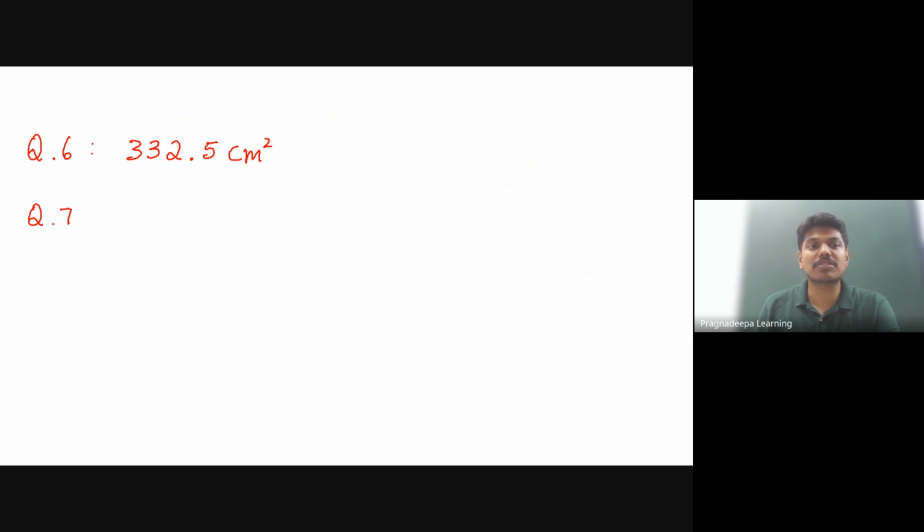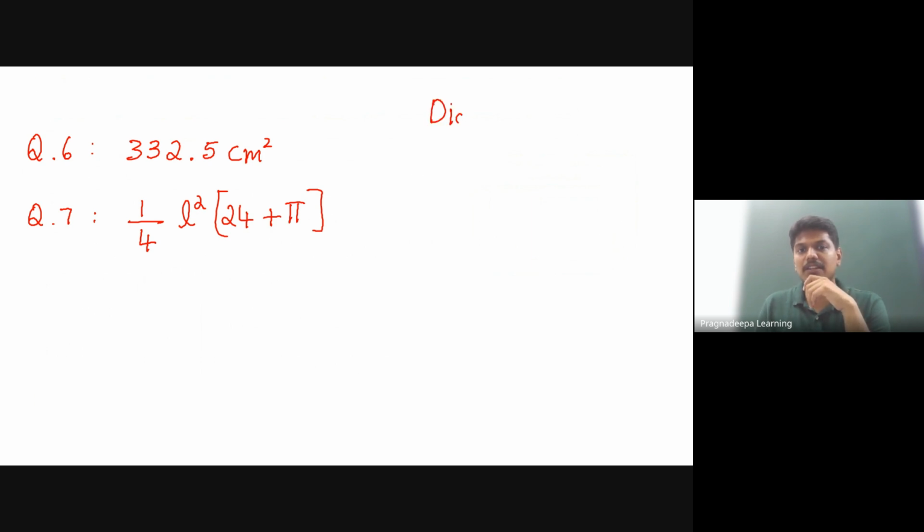Okay. Now, what is the question number 7 answer? 1 by 4 into L squared into 24 plus 5. So, students, in the previous question, that is question number 6, what was the diameter?